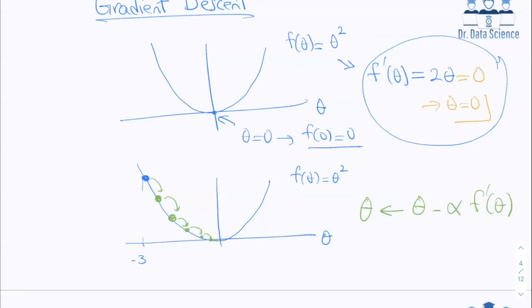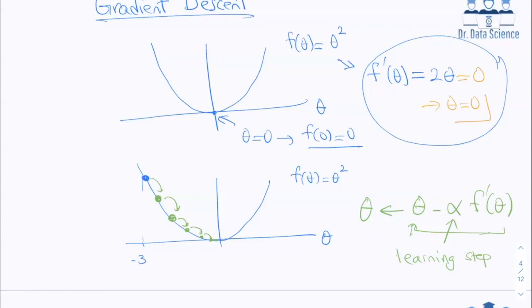So in this case, we have an initial value, and then we subtract from it this derivative times alpha, and that's how we update this parameter theta. And alpha here is known as the learning rate or learning step.